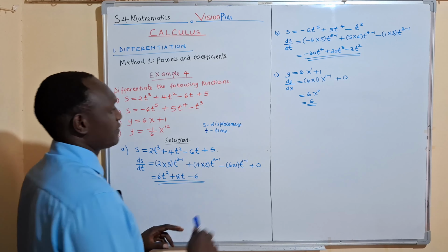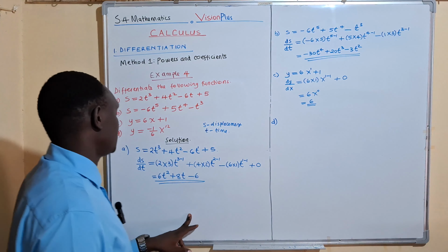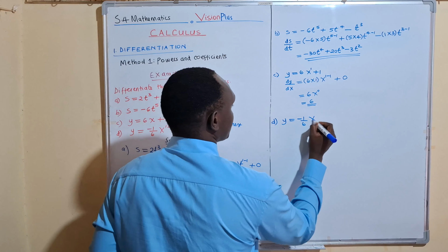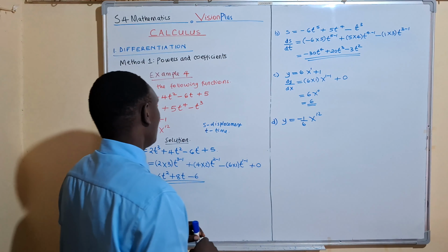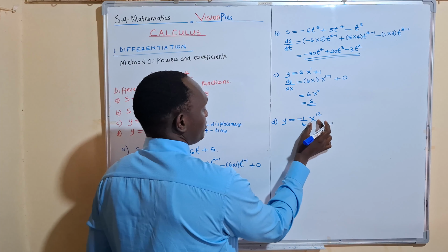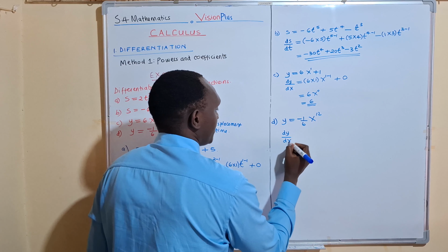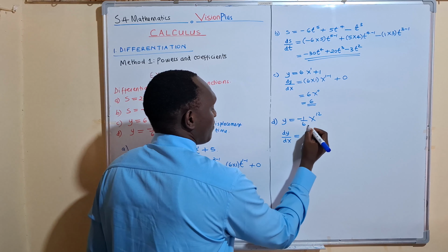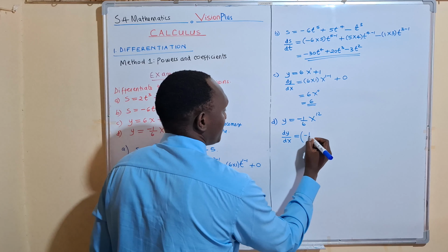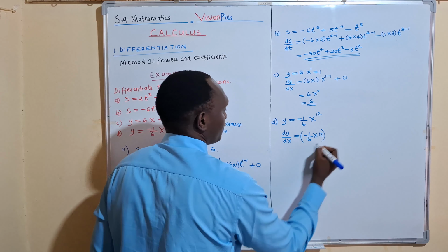That is the rate of change of y with respect to x. And finally, part D. Example D says that we are given y equals negative 1 over 6 x power 12. We apply the same principles. We are differentiating y with respect to the variable x. That means we shall have dy dx equals the whole coefficient here, negative 1 over 6, times, now you lower the power of x, so times 12.